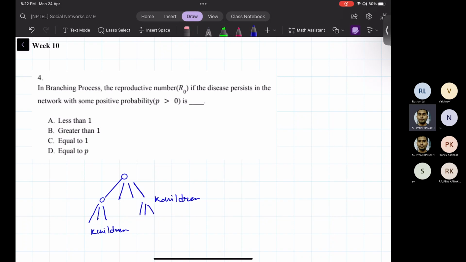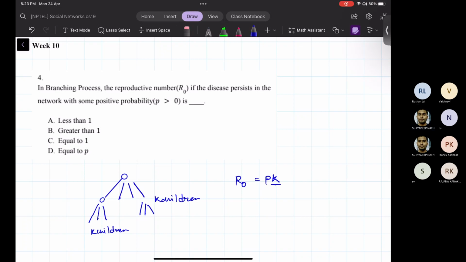So reproductive number R naught is basically p into k. K is the number of children that each node has, and p is the probability with which the disease transmits from one node to another. So this is the expected number of children to be affected of a particular node.